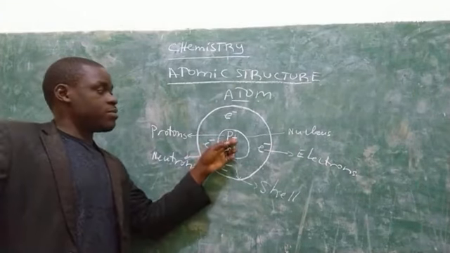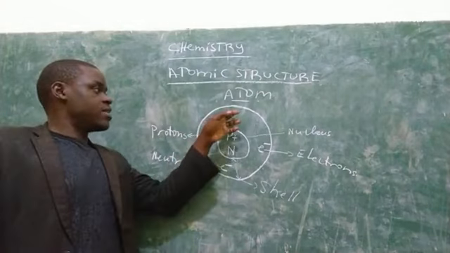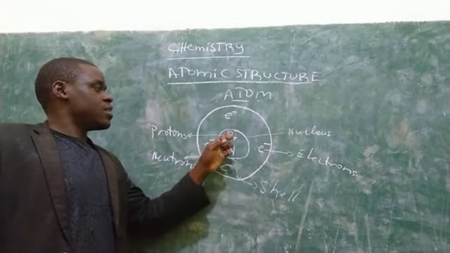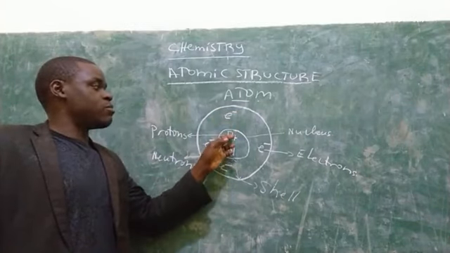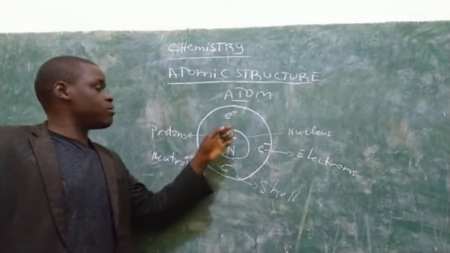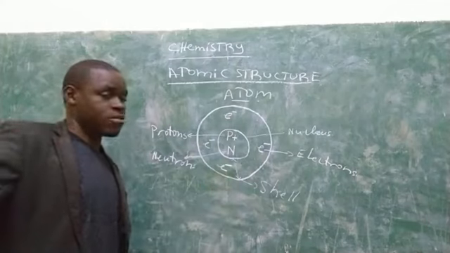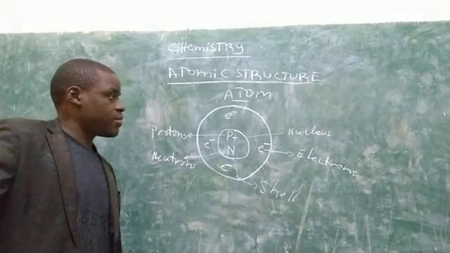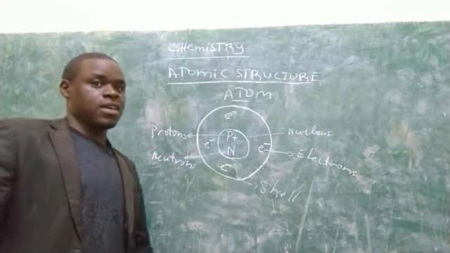If this has positive protons and this has negative electrons, it means that between protons and electrons, they can attract each other. Positive and negative attract.